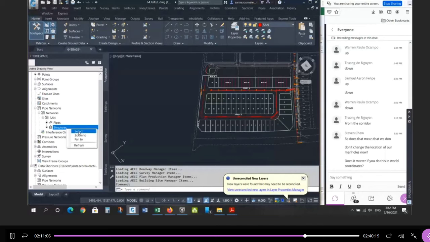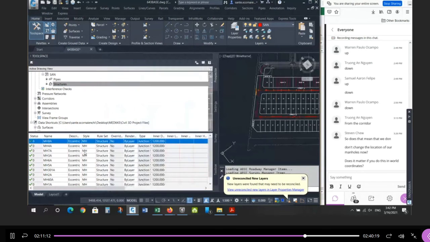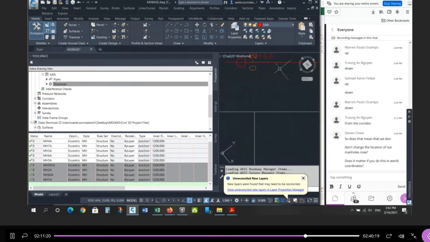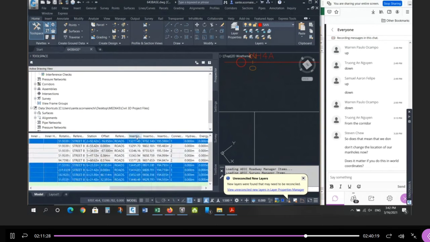If we look at these items here, so 2, 1, 60, 2, all the way up to 4, I believe. All of these should be on street A. And the reference for it is here.